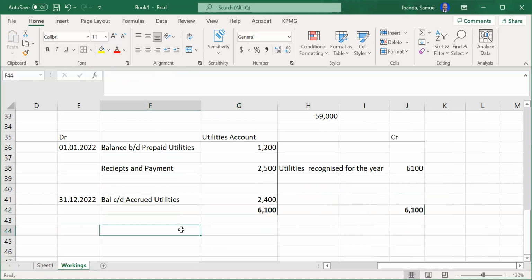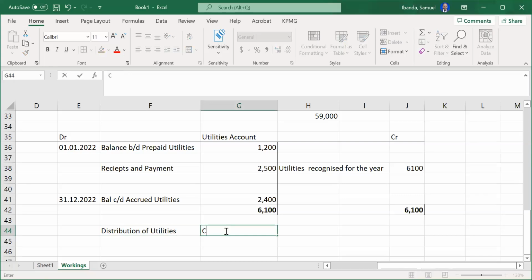So you can come here and say distribution of utilities. So we have the children's home, and then we have the bookshop.